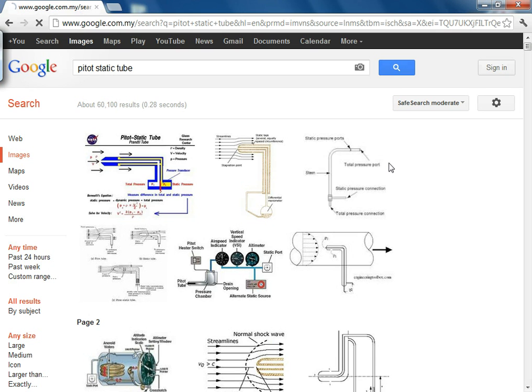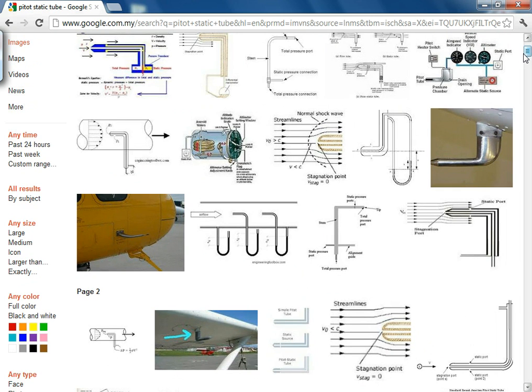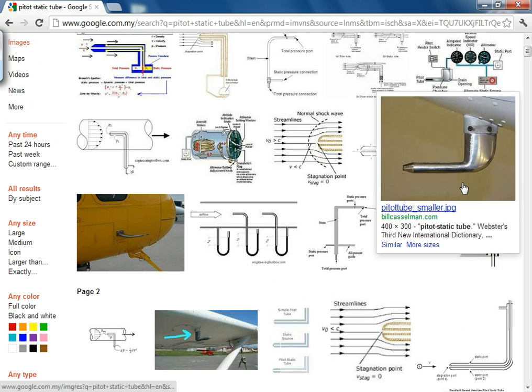Okay, these are the normal ones. On small aeroplanes, they normally got this. This is good for measuring wind speed. That's the front opening. There may be a side opening somewhere here.